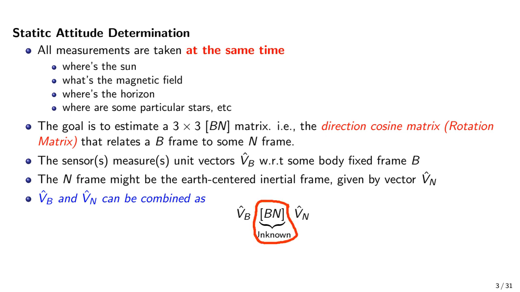We assume we know this, we assume we have this, but we don't know this BN matrix, or we call it the direction cosine matrix, or we can call it the rotation matrix. It relates the B frame to some inertial N frame. So that's actually what we'll be doing in today's class. We want to see how to obtain this matrix BN.